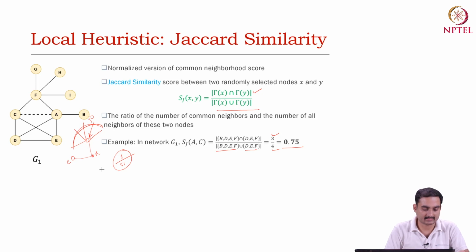So this is the Jaccard index. Then you rank all the node pairs based on Jaccard similarity, and you return the top 5 highly similar node pairs, and you say that these 5 pairs will be connected in the future.